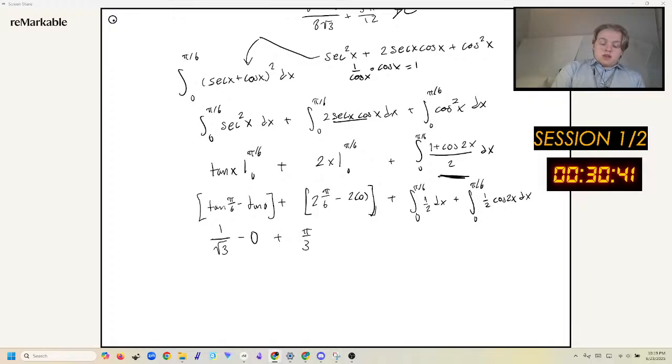And then minus 0. So again, I'm going to block that off. Plus, we have 1/2 x, which is this integral right here, and then we know that's going to be 1/2 pi over 6 minus 1/2 times 0.